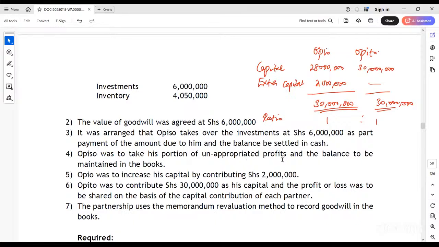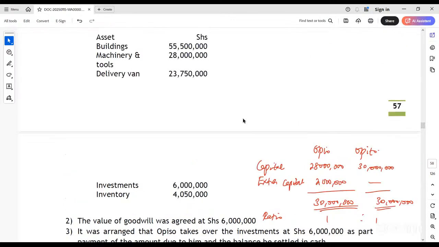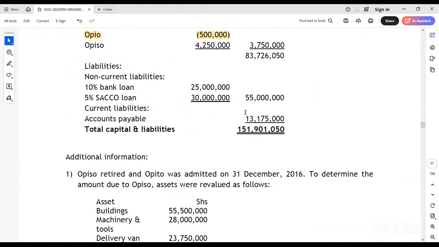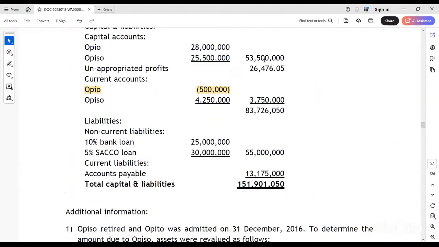How much are the unappropriated profits? We have this amount, 26,476.05. We need to share this because one of the partners is leaving, so we have to give him his share.